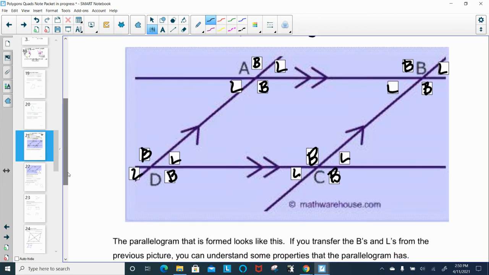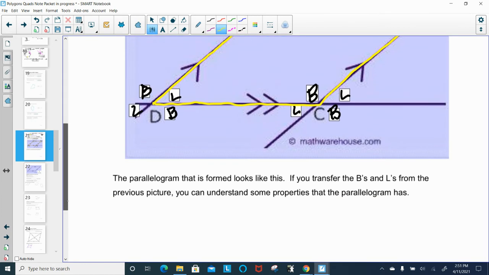So if you take those B's and L's from this picture, notice that, and I'm going to outline it again in yellow. Take a look at your interior angles. One is a B, one is an L, one is a B, one is an L. So I'm going to transfer that over.